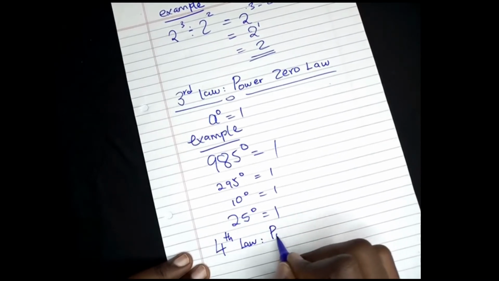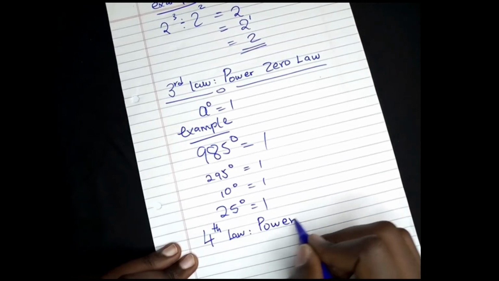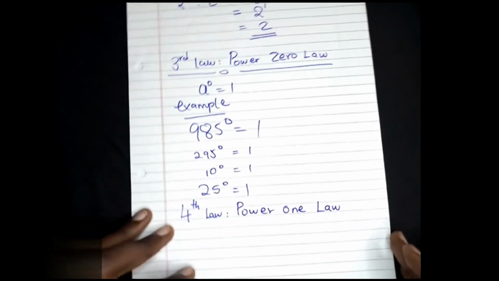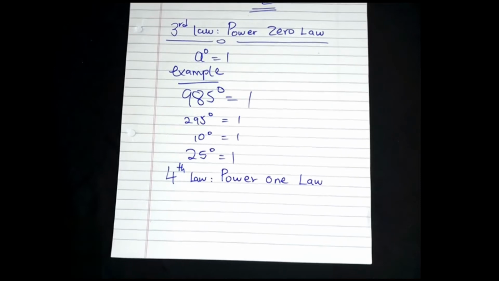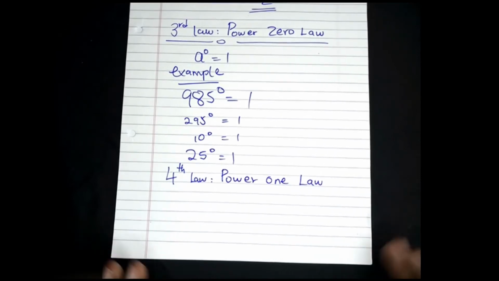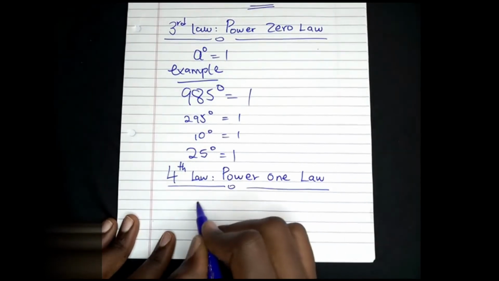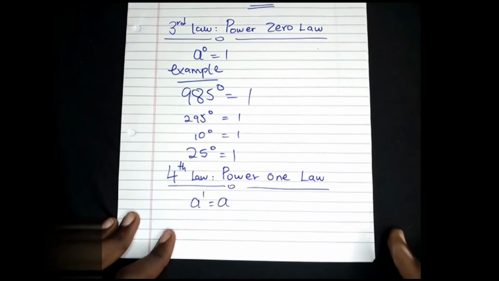It is called the power 1 law. And what this law entails is that any number raised to the power 1 is that number itself.